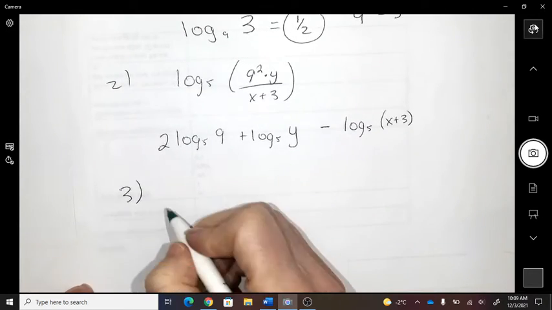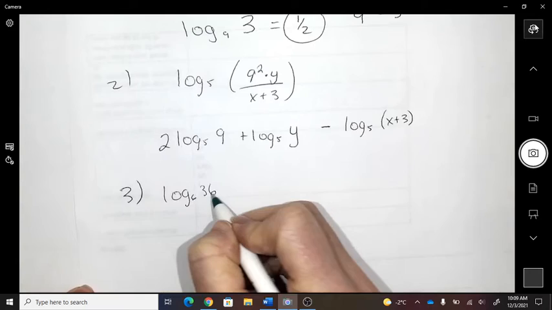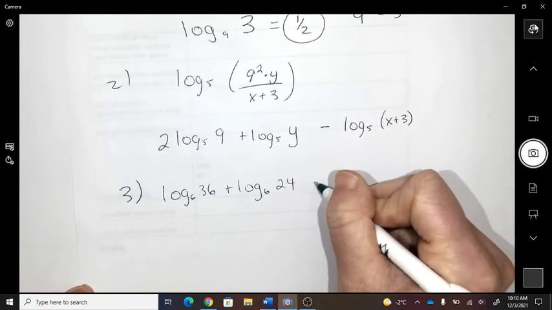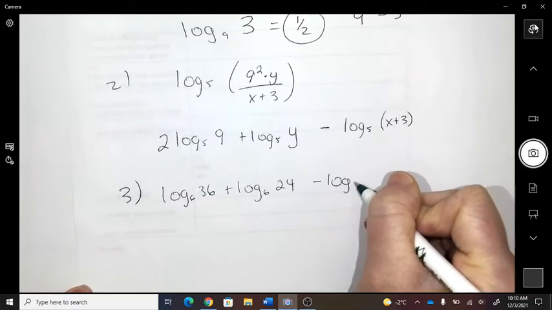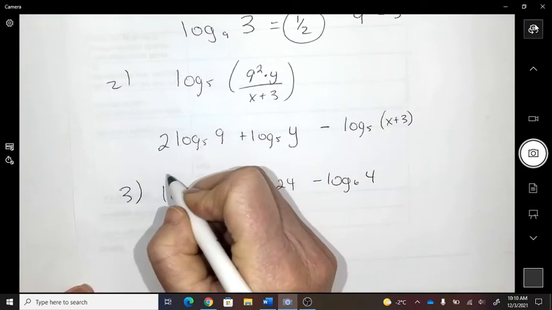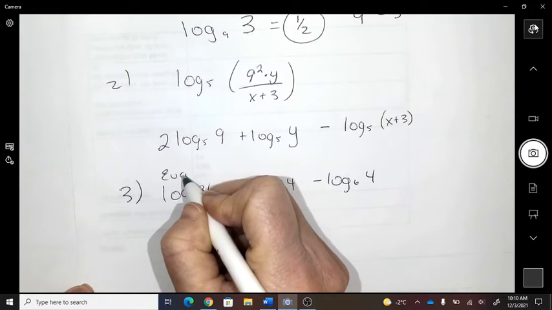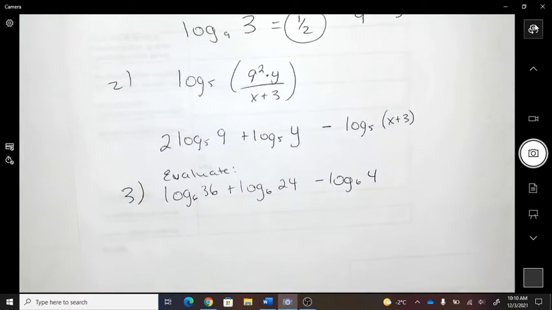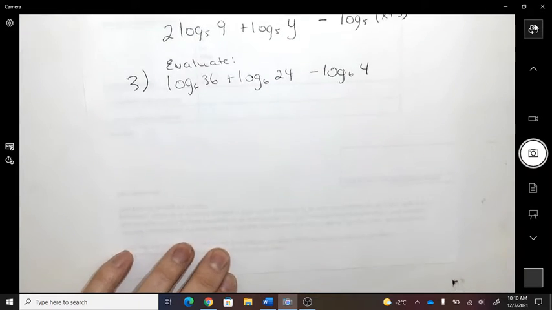Okay, number 3, log 6 of 36 plus log 6 of 24 minus log 6 of 4. I want you to evaluate. That would be my question. Evaluate this.